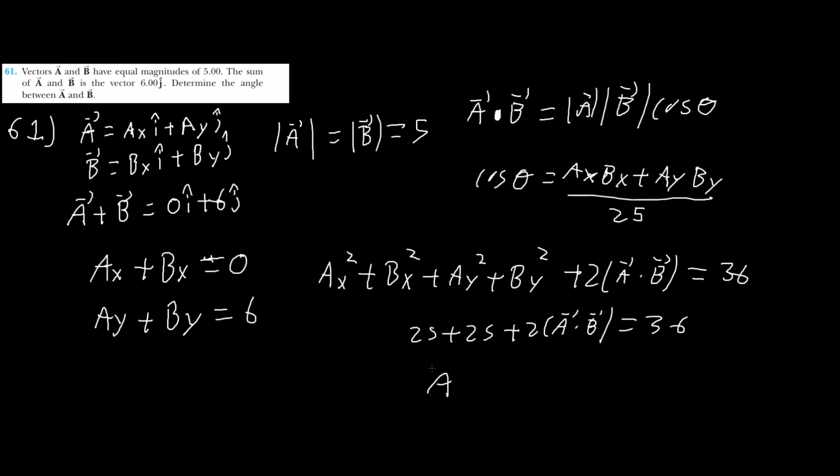So that means that A dot B is going to be 36 minus 50, over 2.